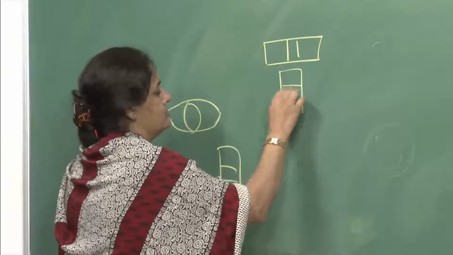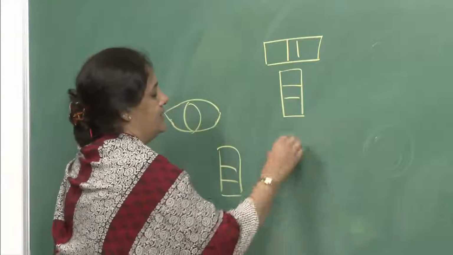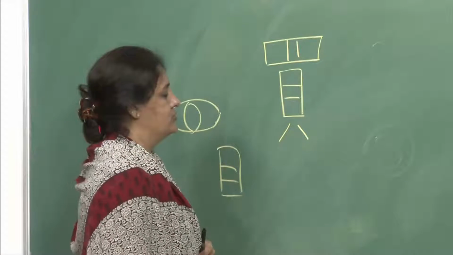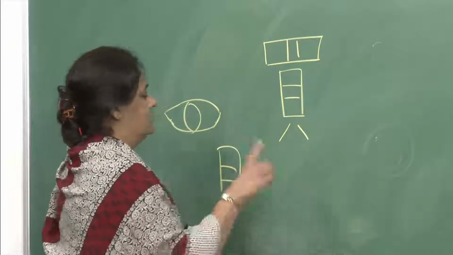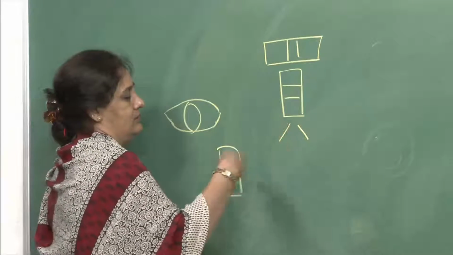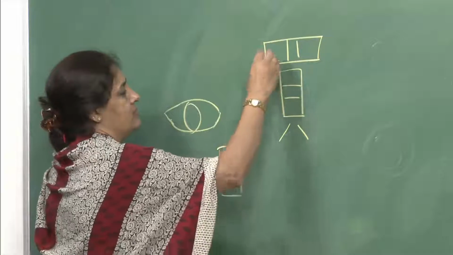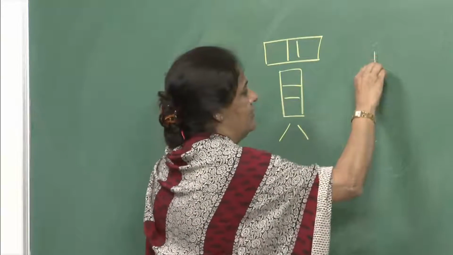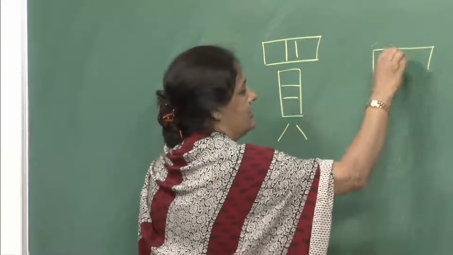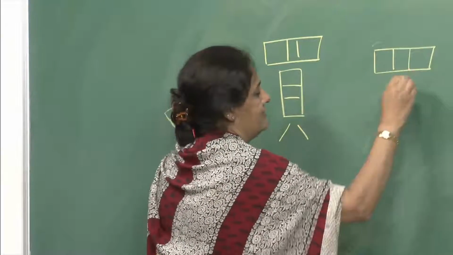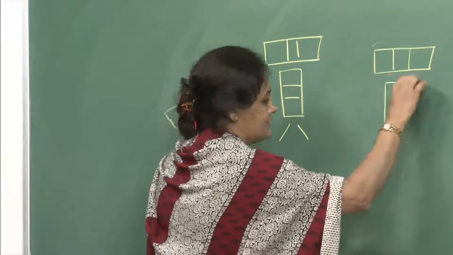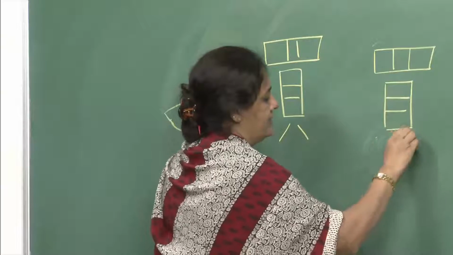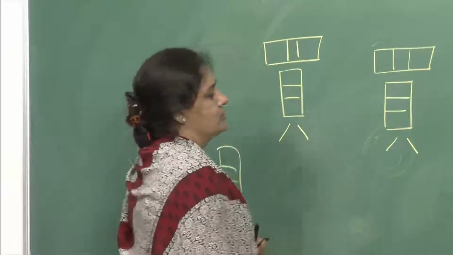1, 2, 3, 4 and 5, and then we have 2 lines over here in the end, which makes it kau. So, let us see how many strokes to it. 1, 2, 3, 4, 5, 6, 7, 8, 9, 10, and then we have 11 and 12.